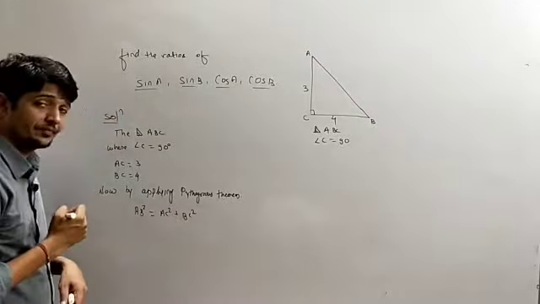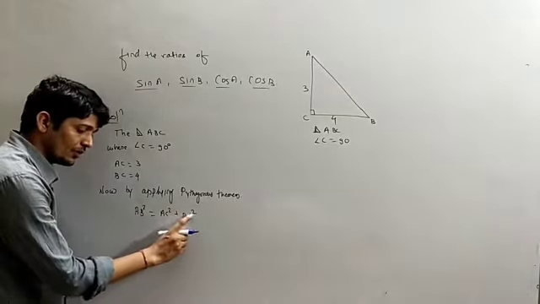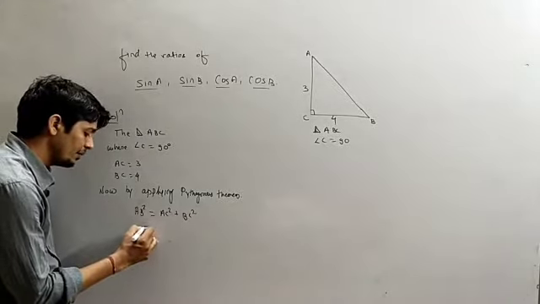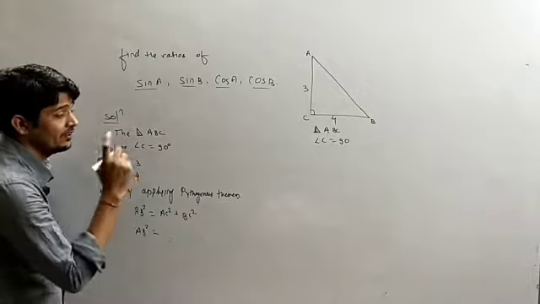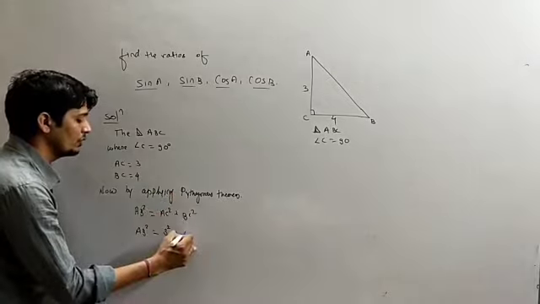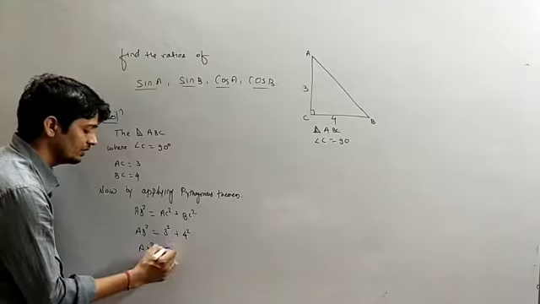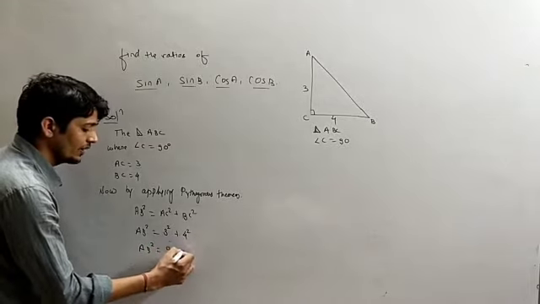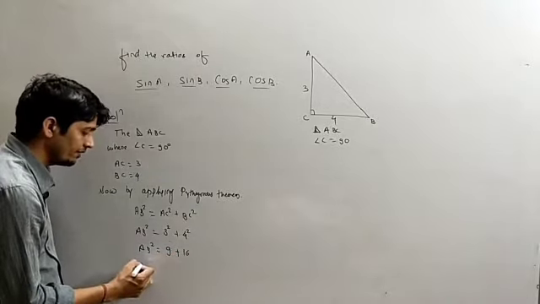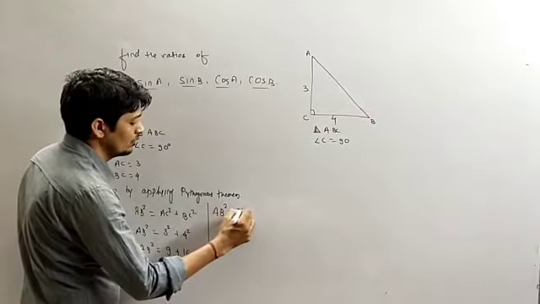AC is 3, so square of 3, plus BC is 4, so square of 4. So AB square equals 9 plus 16, and 16 plus 9 is 25.